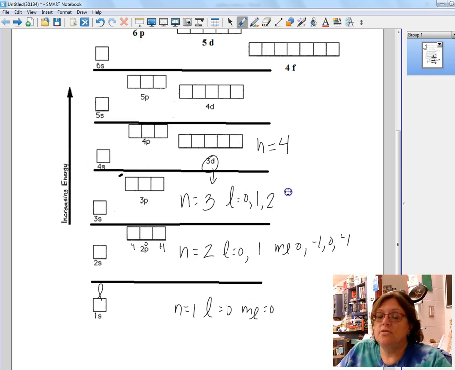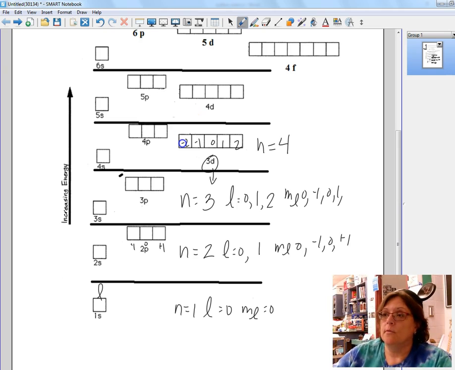With our third level, ml could be -2, -1, 0, 1, 2. That gives you the first 3 numbers.